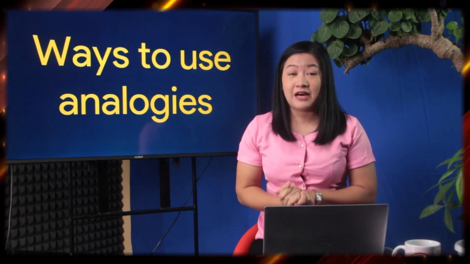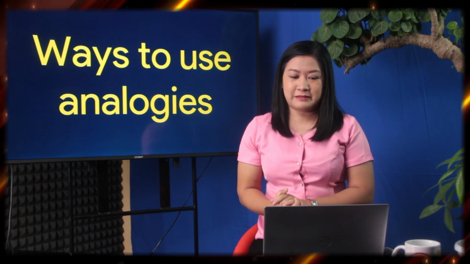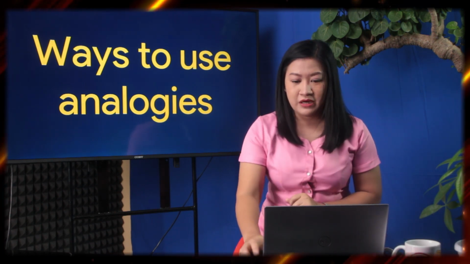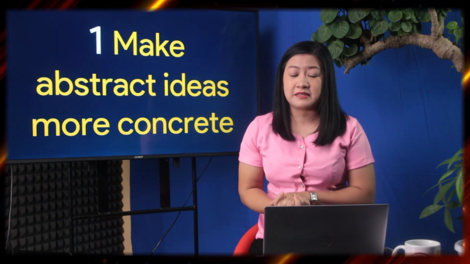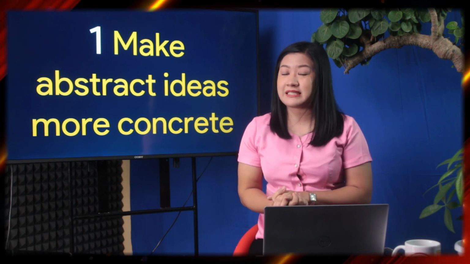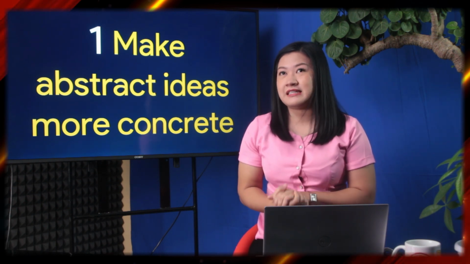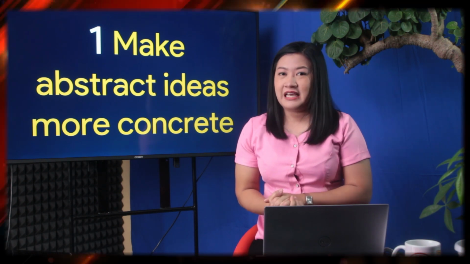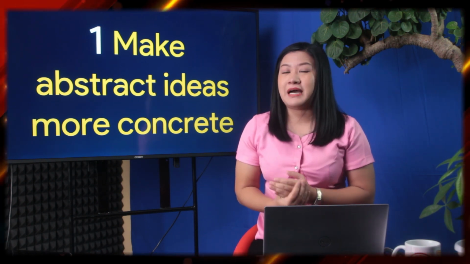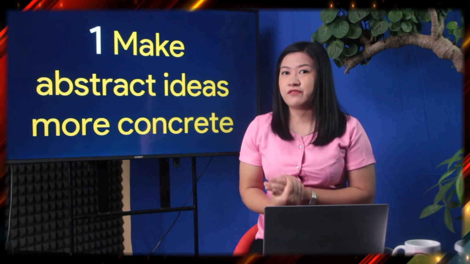There are ways on how to use these analogies. Okay? The first one is to make abstract ideas more concrete. For example, in your lesson in TLE 7, your teacher might have introduced to you the word flambe.